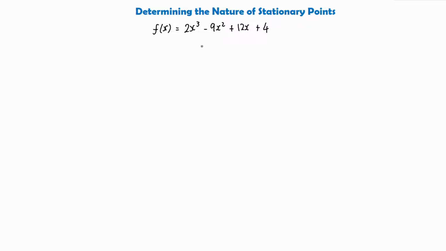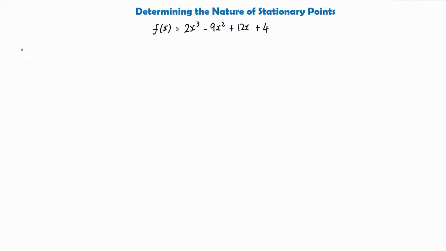It would be difficult to graph this function. So how can we determine the nature of the stationary points without having to sketch the graph? Well, we go through 8 very simple steps to work out the nature of the stationary points and how many stationary points exist as well. And I'll go through each of them right now very slowly with you.